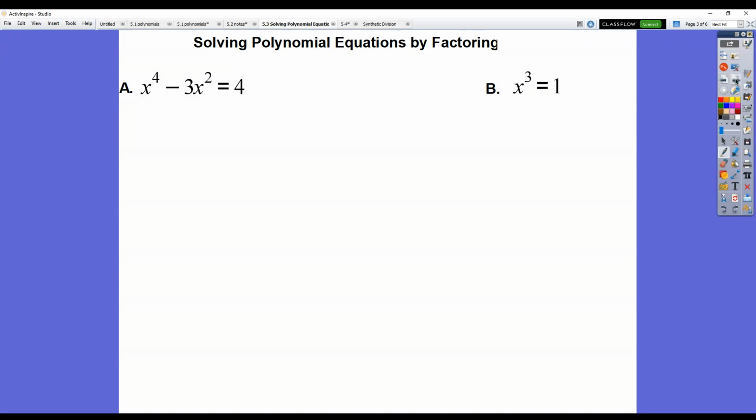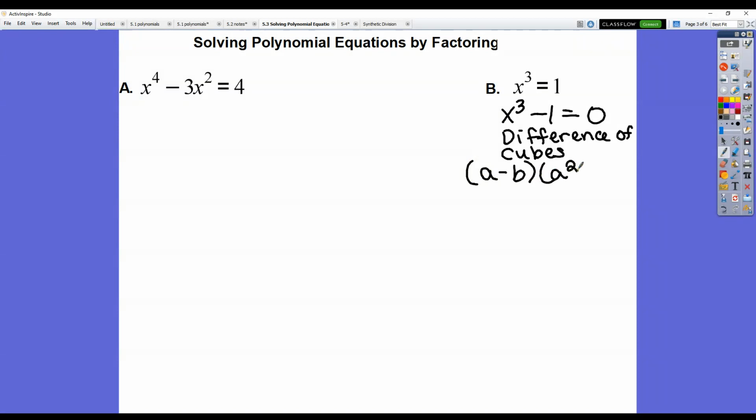So I'm going to look at this problem. This is a difference of cubes. When we have a difference of cubes, it's a minus b times a squared plus ab plus b squared. A equals x because a cubed equals x cubed.